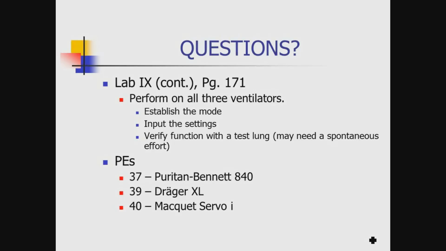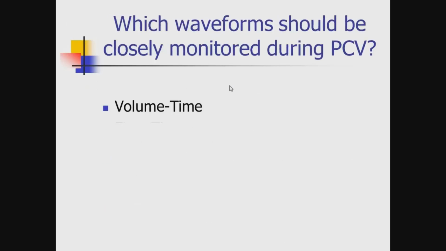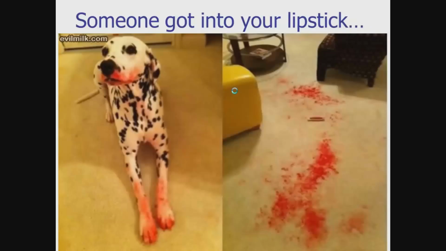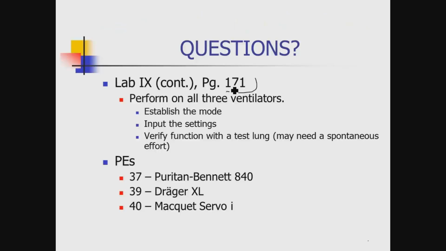Etc. So, again, there's that one lab that looks at all 3 ventilators to kind of walk through it. Then check page 171. See if that's that lab or not. It should have a list of settings across the top. No? Page 169.